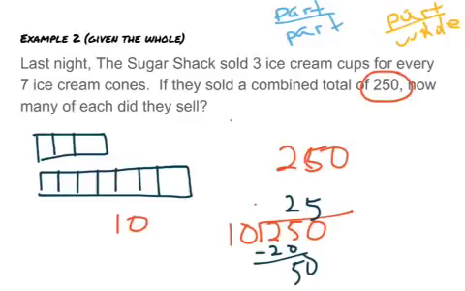Because if we were to draw this diagram 25 more times, if we did this exact diagram 25 more times, we'd end up with 250 parts. But I don't think anyone wants to draw that much. So let's see what it looks like to just use the diagram and understand the multiplicative relationship.